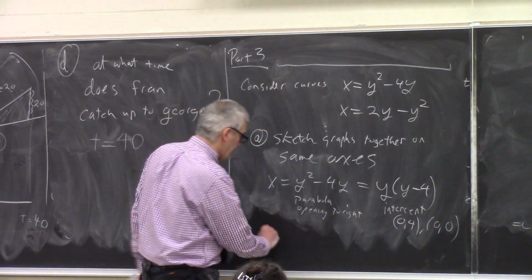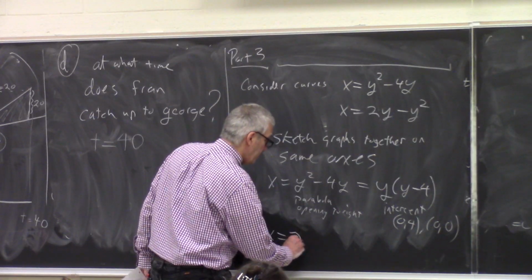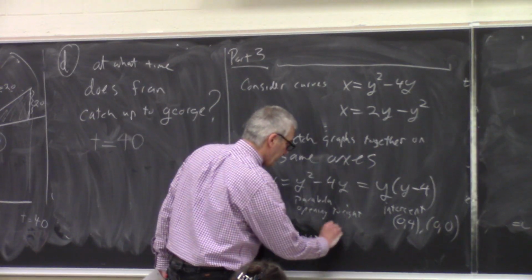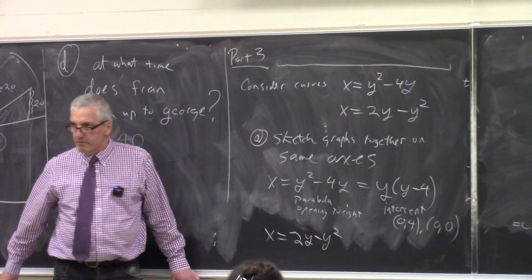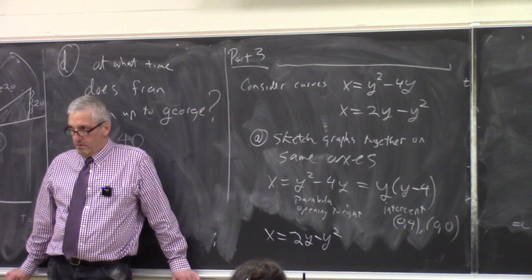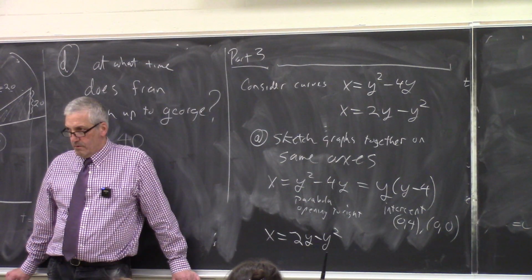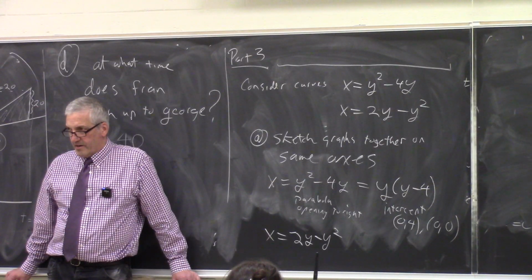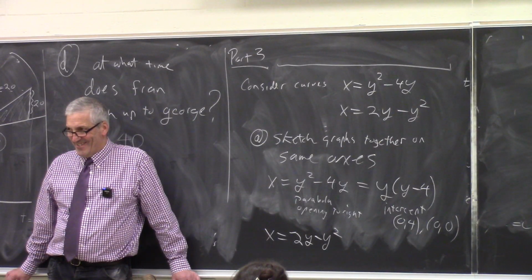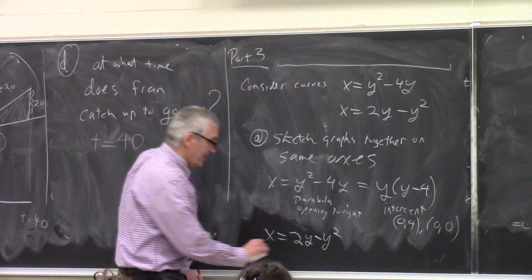Okay, what about x equals 2y minus y squared? What's the shape of that? Jaren's avoiding eye contact, but I bet he's got the answer. Parabola just opening left. Good. Parabola opening left.